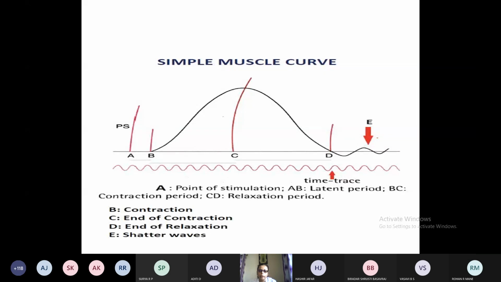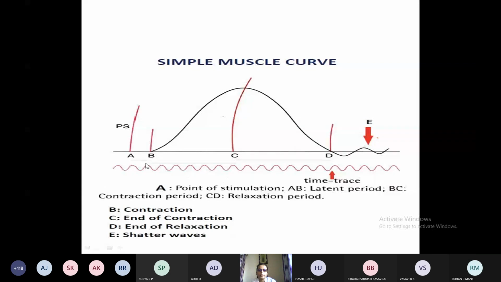So like this you have to defend this graph whenever it is asked. The contraction period is lesser than the relaxation period, and the normal duration of the latent period for any standard simple muscle twitch is 0.01 second.